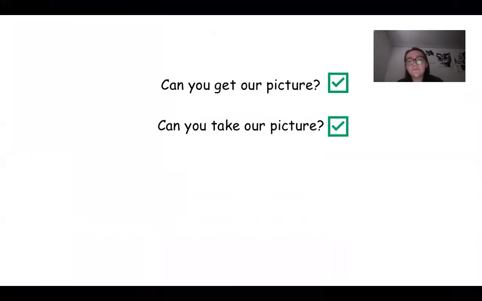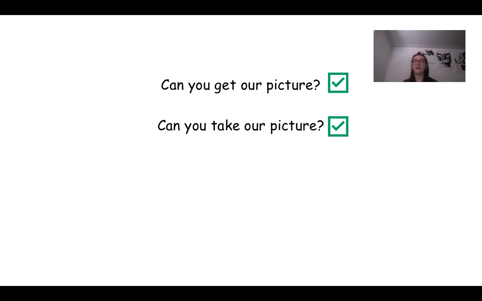So this one, it can be both of them. Either of those can be the correct answer. Can you get our picture? Or can you take our picture? Both are things that English speakers say when you are asking somebody to take a picture of you or the people that you're with, right?